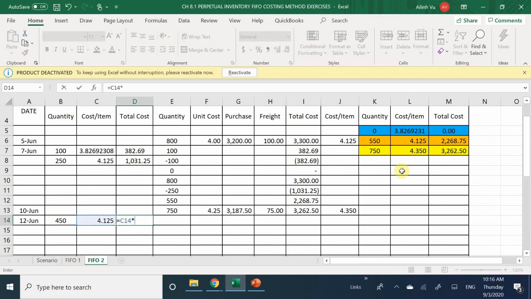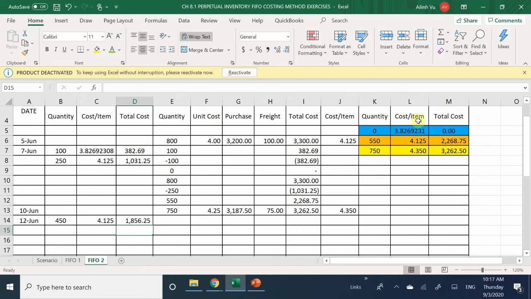What's my calculation here? 1,856.25 is correct, right? Now what do I do? Just the quantity on hand. Okay, adjust the quantity on hand.